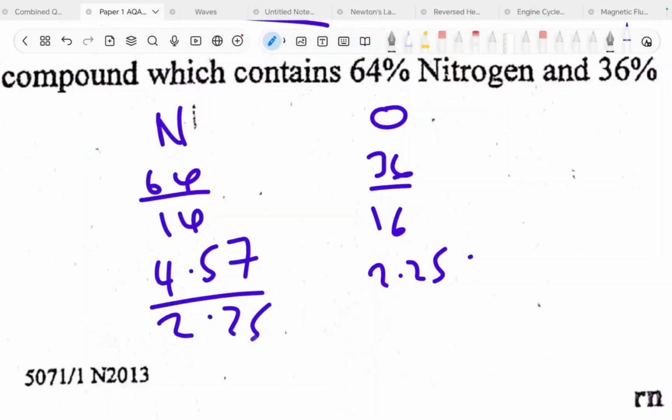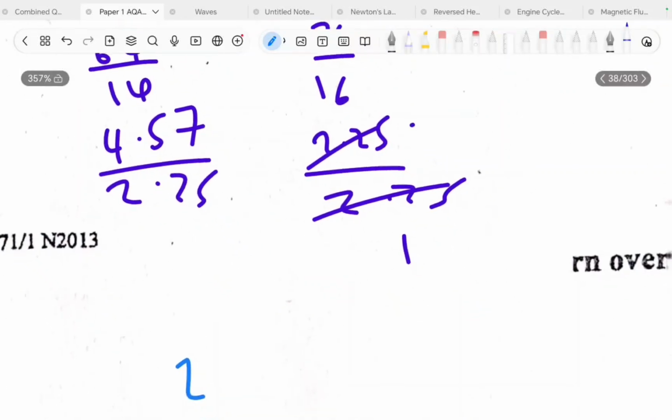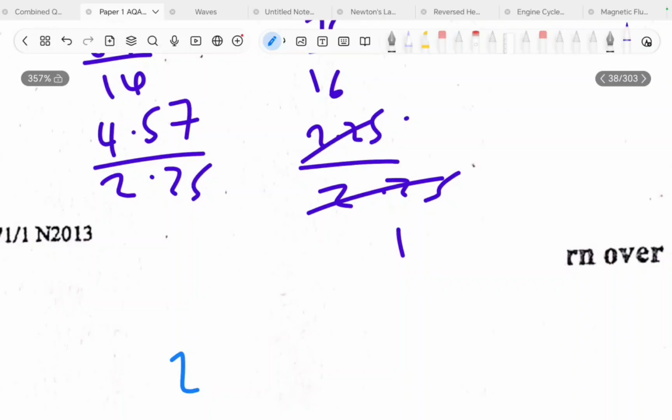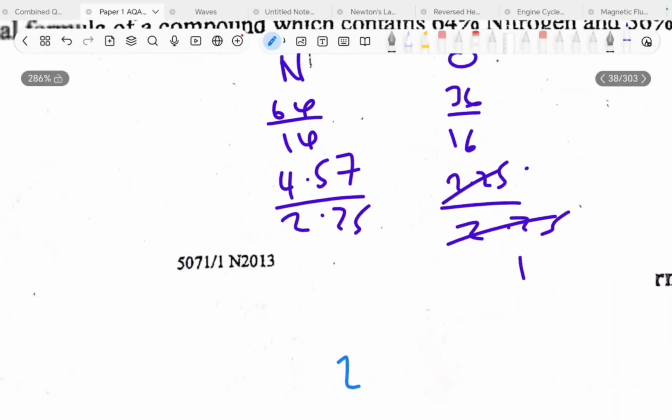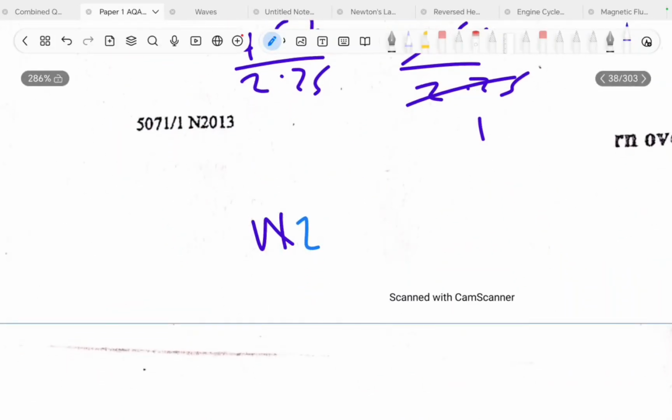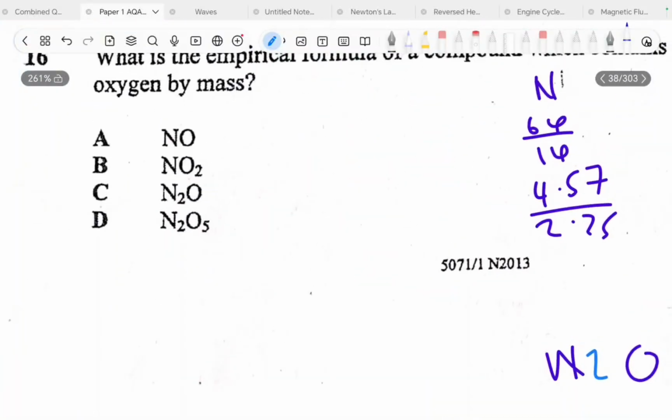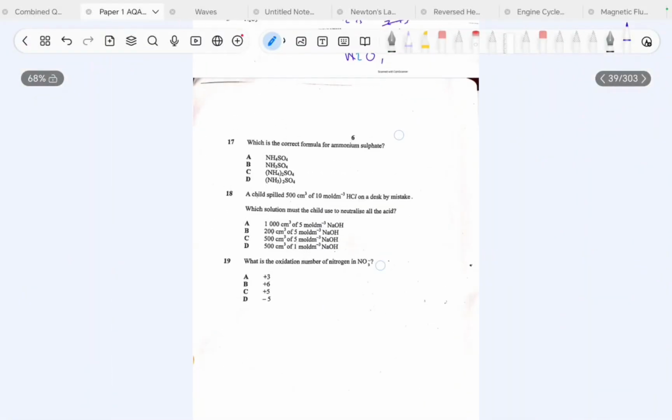Divide by 2.25 over 2.25, so this becomes 1, and then 4.57 divided by 2.25 gives me 2. So we have N2O1, and this is the only correct answer.